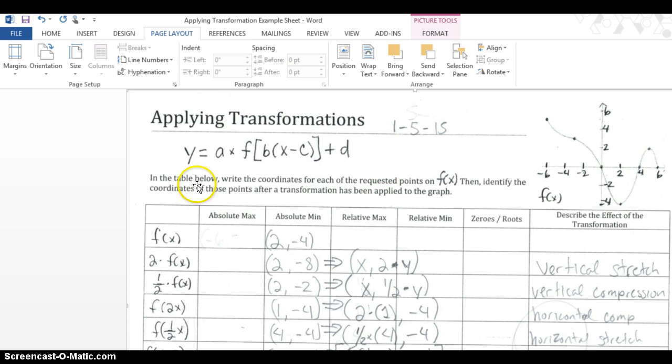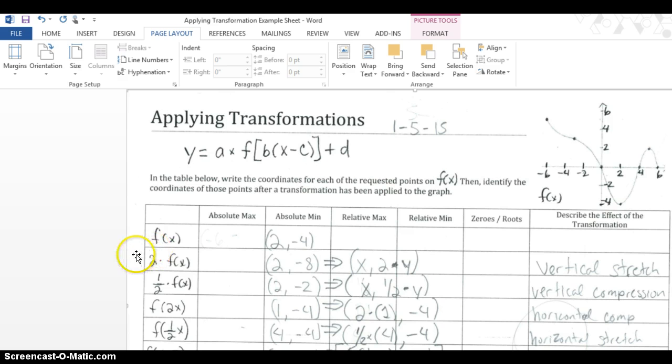Okay? All right. Now notice my 2 and 1/2 are inside the parentheses, okay? So this point, my absolute min of (2, -4), is now going to be horizontally squished into (1, -4). Notice I'm not changing my y. My absolute minimum occurs when 2 is put in the function machine.